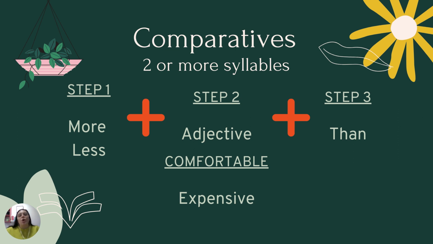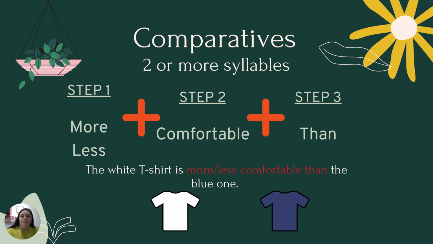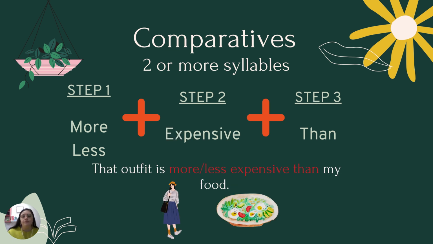Let's see some examples with the adjectives comfortable and expensive. The white t-shirt is more comfortable than the blue one. Or we can say the white t-shirt is less comfortable than the blue one. You see, we did not add anything to the adjective, but we added the word more or less. That will be telling us that you are comparing things, okay?